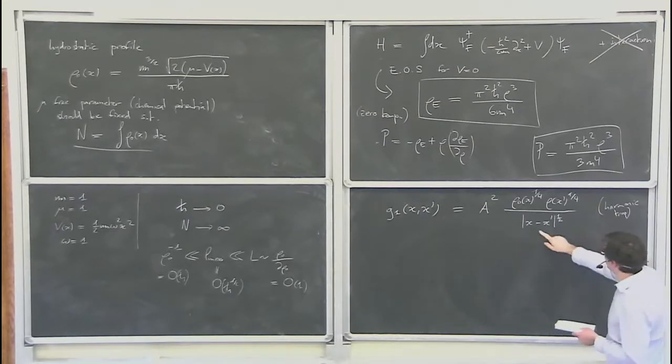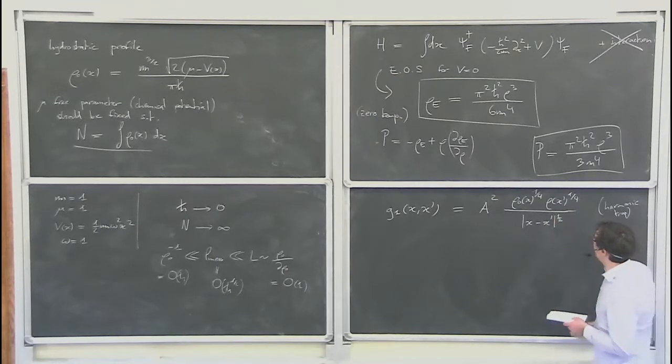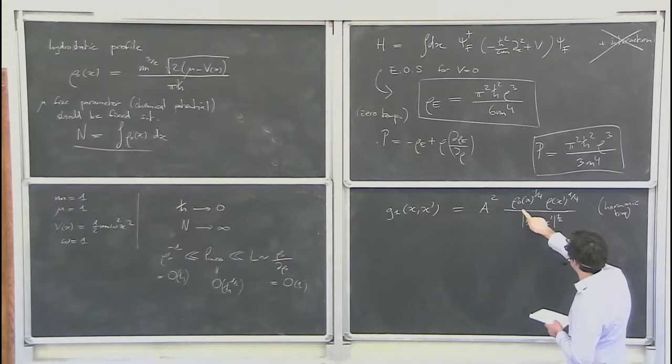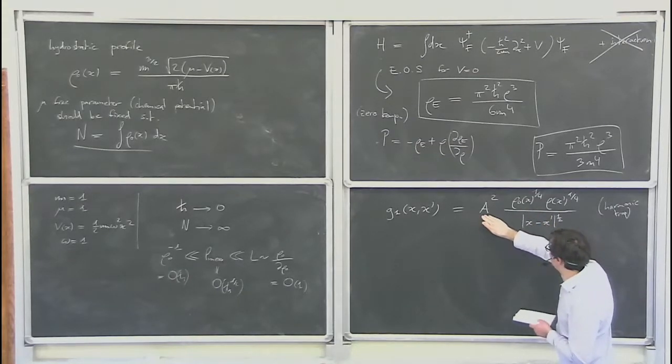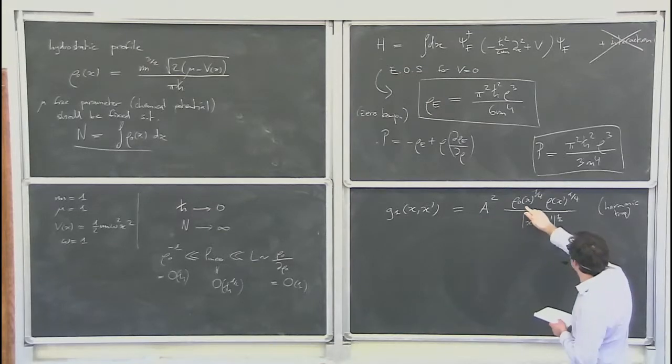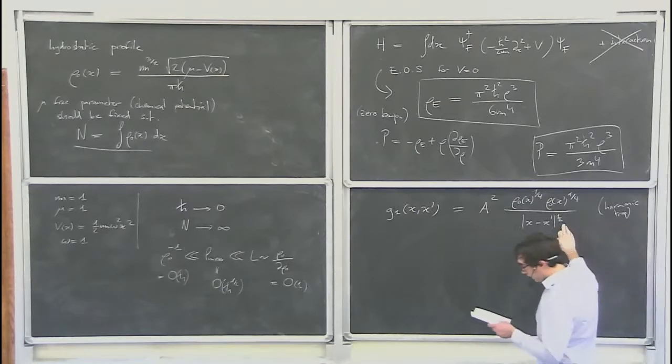So notice that at short distance, if x is very close to x prime, then you recover what Thierry said. So this just goes as this non-universal amplitude, this numerical coefficient, times root of rho 0, which was called rho 0 in his lecture, and 1 over distance to the 1/2.